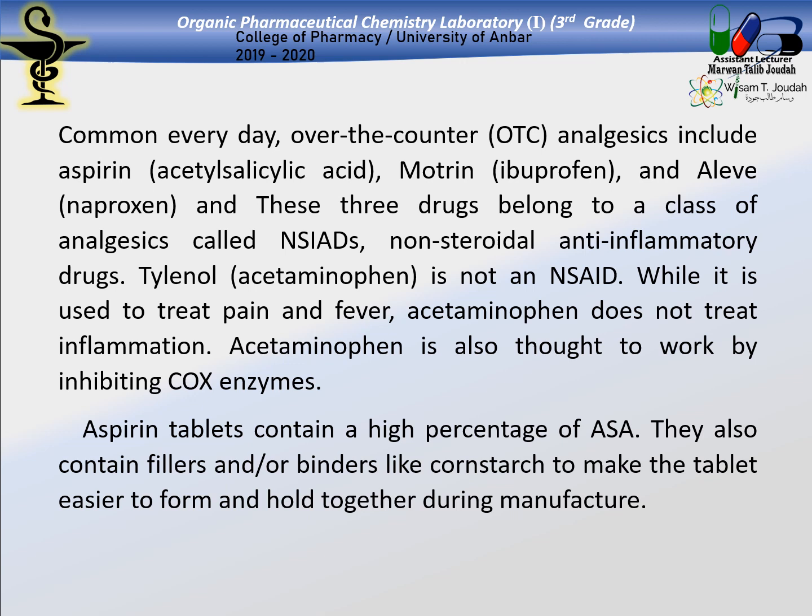Acetyl salicylic acid is aspirin, and there are also ibuprofen, which we talked about previously in one of the experiments, and Aleve, which is naproxen, the pain reliever. These three drugs belong to a class of analgesic called NSAIDs.